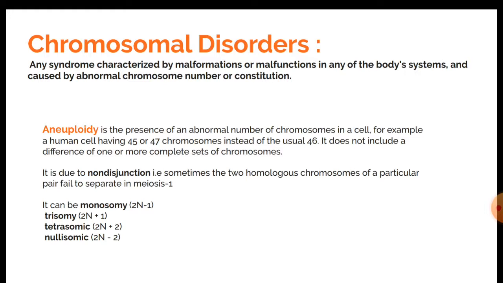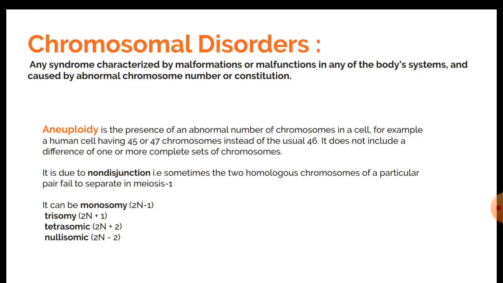If there is only one copy of the chromosome in the diploid set of chromosomes, then it is known as monosomy, that is 2n minus 1. And if it has an extra chromosome, then it is known as trisomy, that is 2n plus 1.